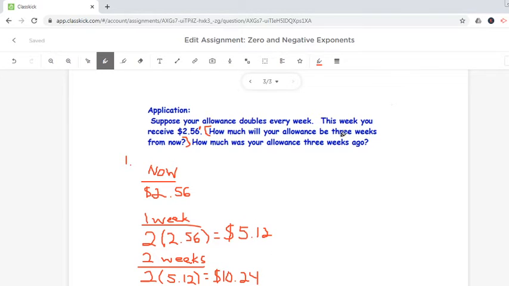Okay, and it was 3 weeks from now. So now we need to double the 1024. So we'll double it with times 2. So 2 times 1024.